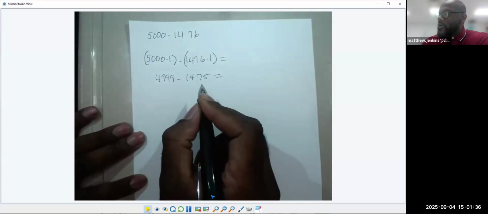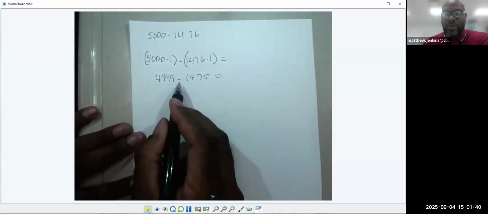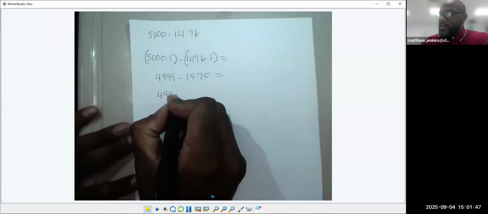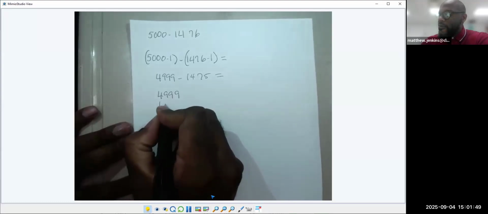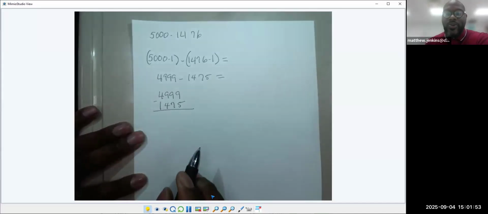In order to do that, I'm encouraging the students to stack the numbers so that they can get a good understanding of the place value. So that would be 4,999 and 1,475. That's what it should look like.